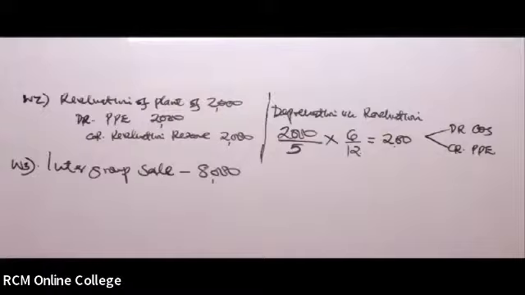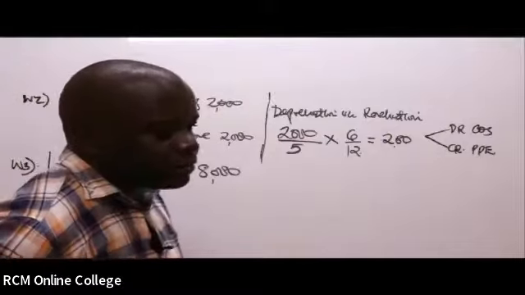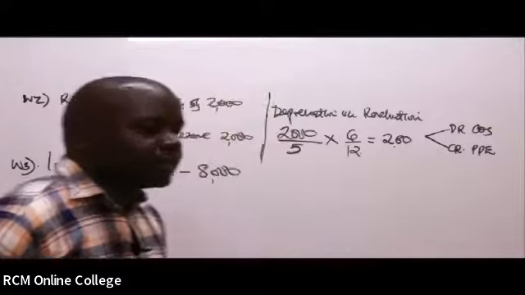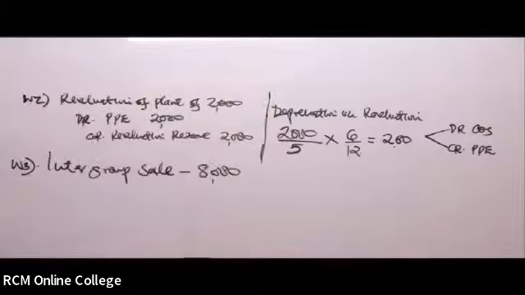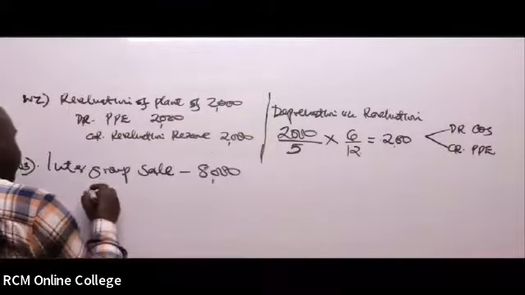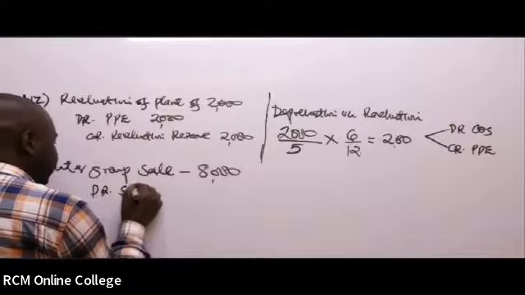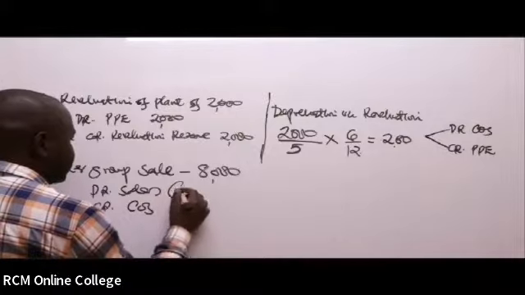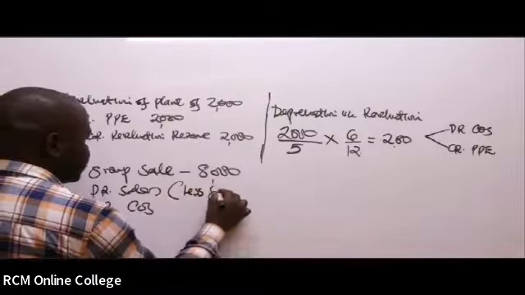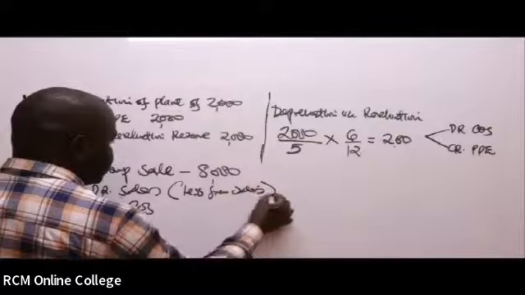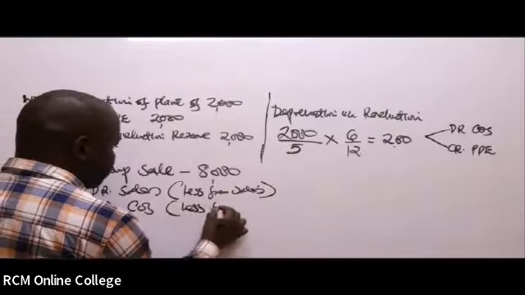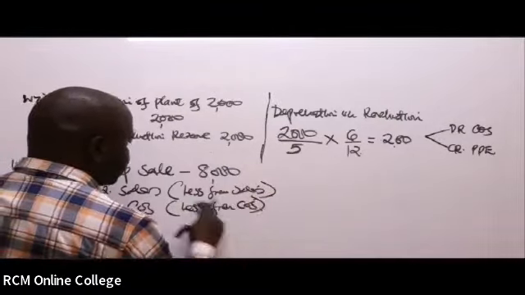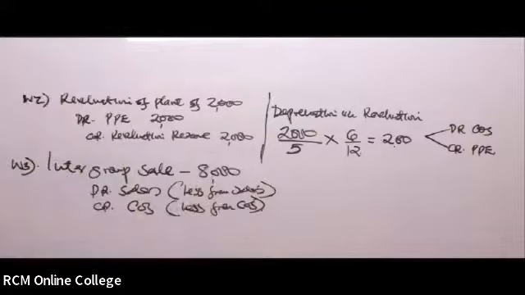Or in short, you can just write: debit sales, credit cost of sales. What you mean by this is, you less from sales, and also you less from cost of sales. So don't forget, deduct from both of them.